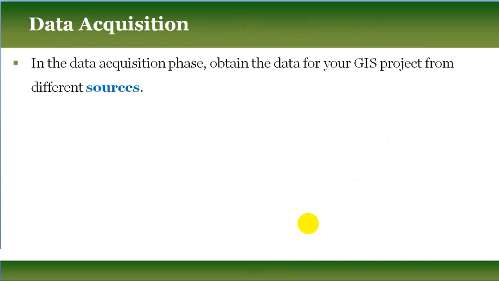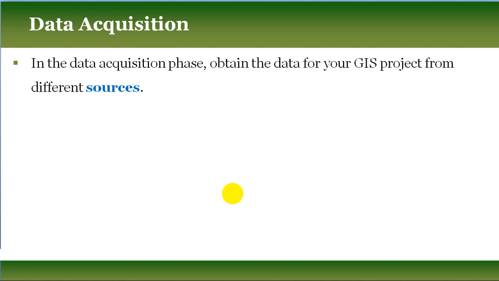So the first step I told you is data acquisition for any GIS project. In the data acquisition phase, we have to obtain the geographical data for your GIS project from different sources.